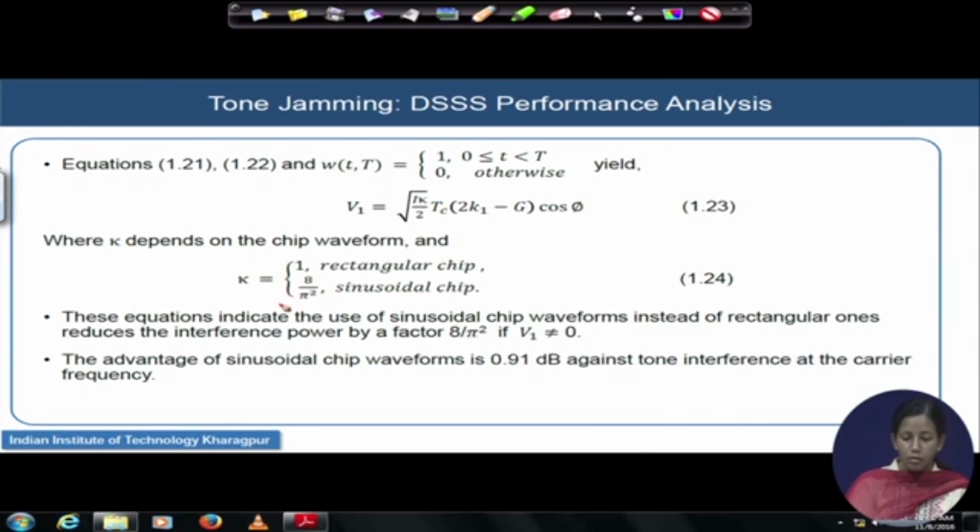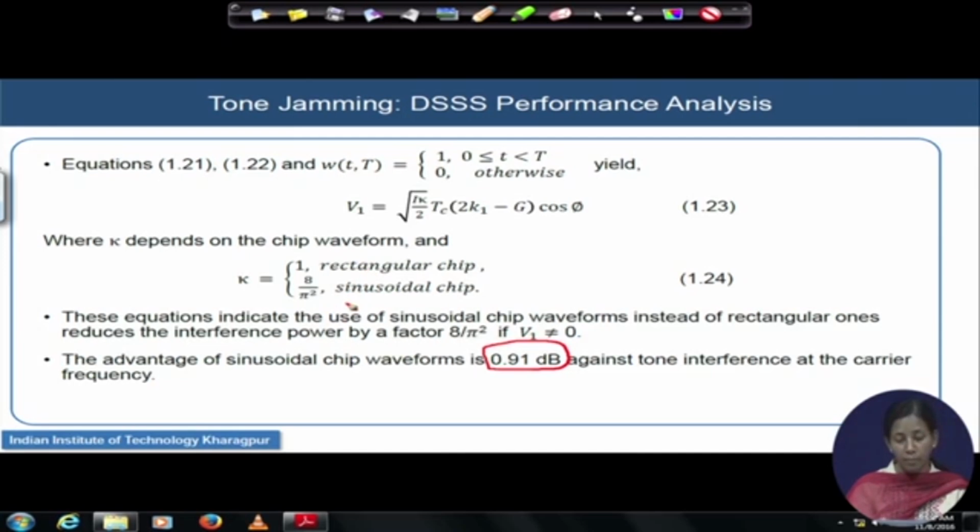So, the good part to observe here is if I choose a sinusoidal chip, then it is true that the contribution of the V1 will be some amount down, and if I calculate that in terms of dB, you will get 0.91 dB gain against the tone interference which is designed by the rectangular chip.